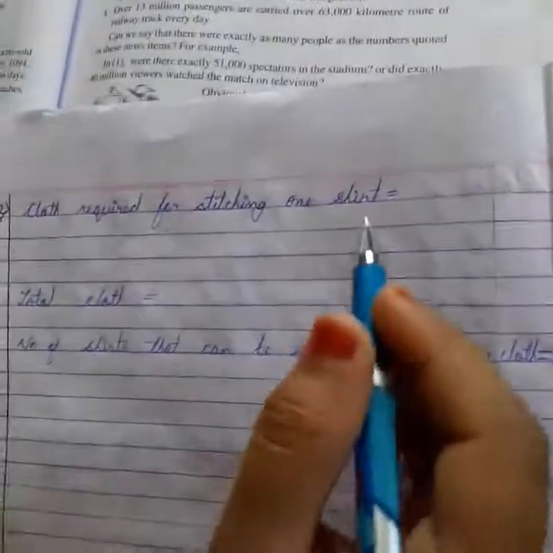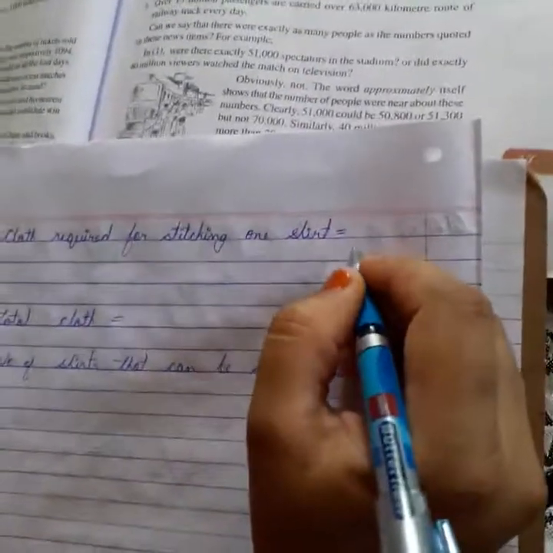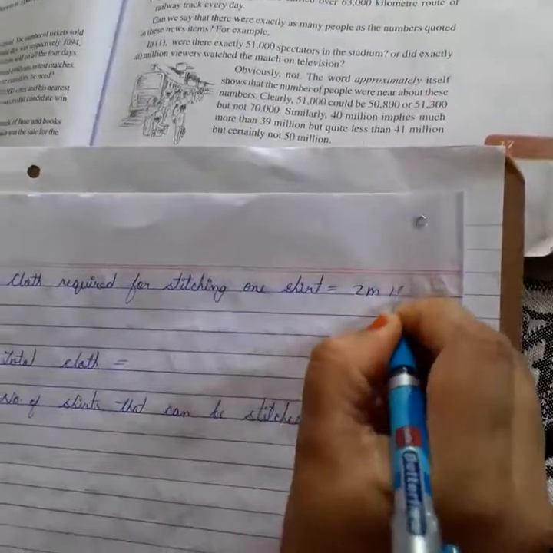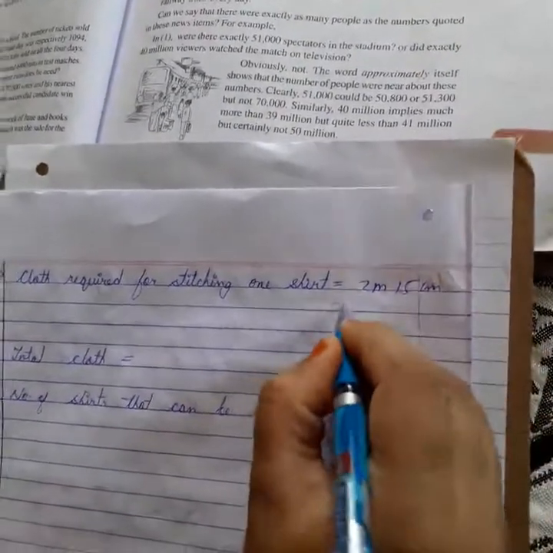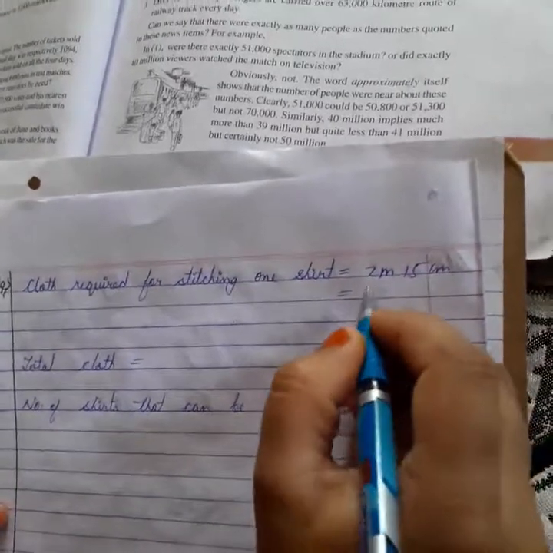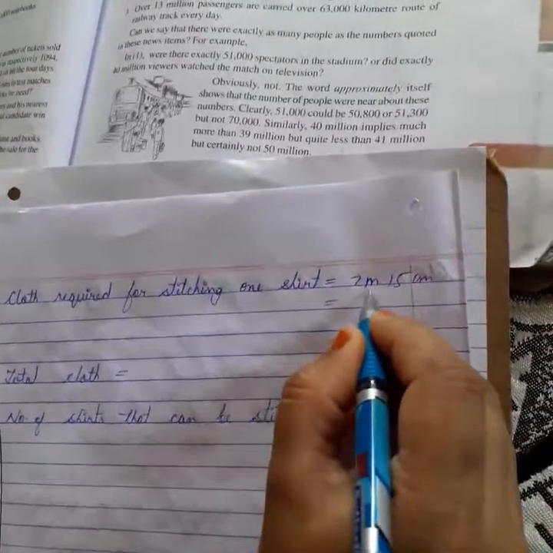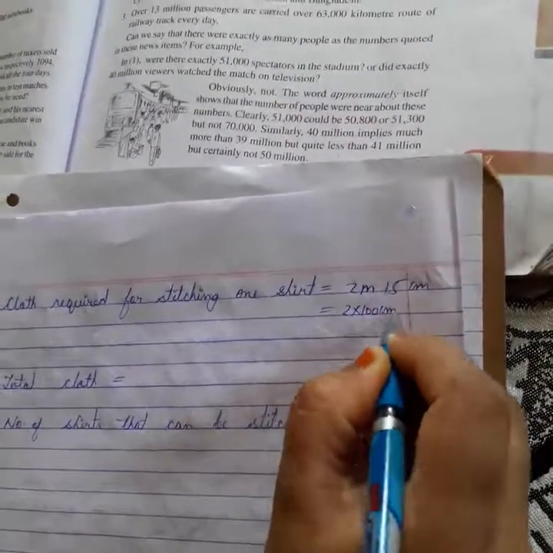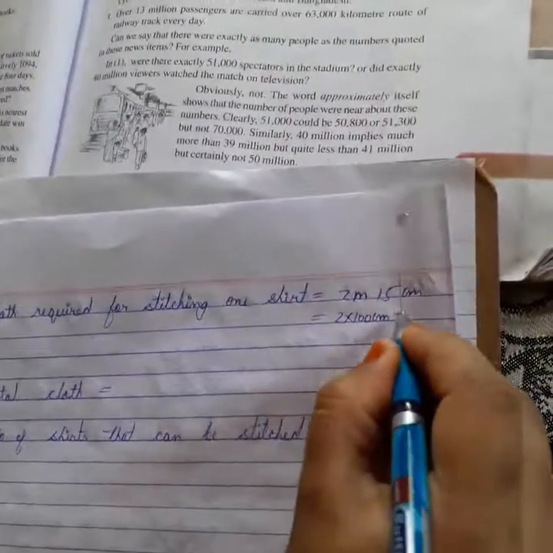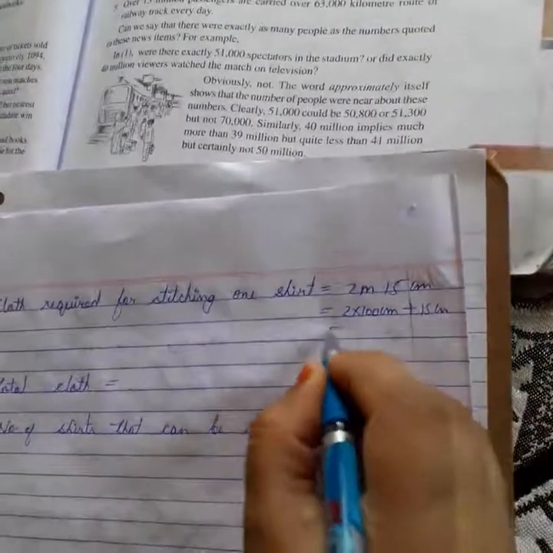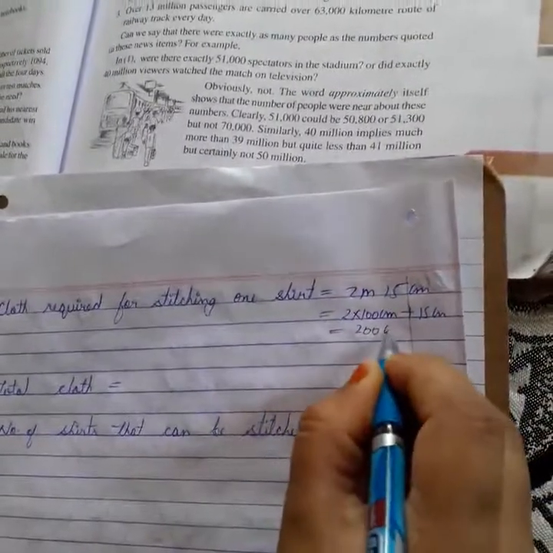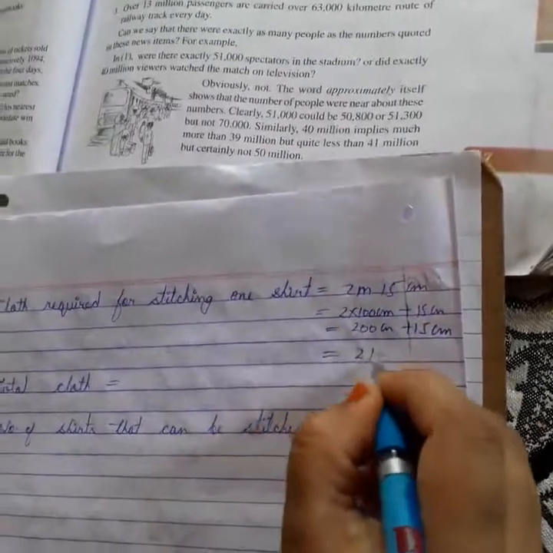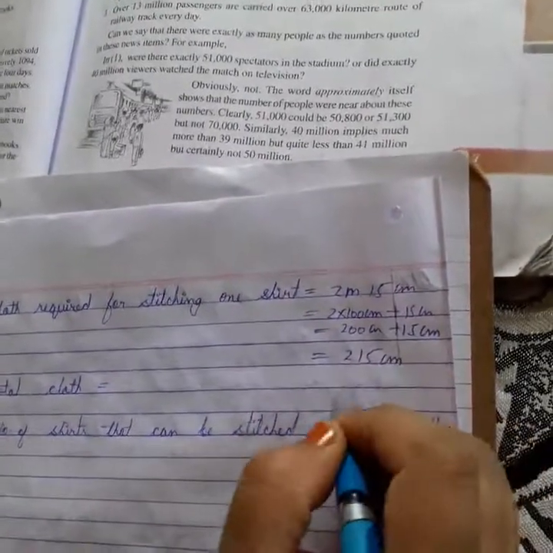See, cloth required for stitching one shirt is how much? 2 meter 15 centimeter. So for converting this 2 meter into centimeter, we will multiply it by 100 because 1 meter is equal to 100 centimeter. So this will be 200 centimeter plus 15 centimeter, that means 215 centimeter.